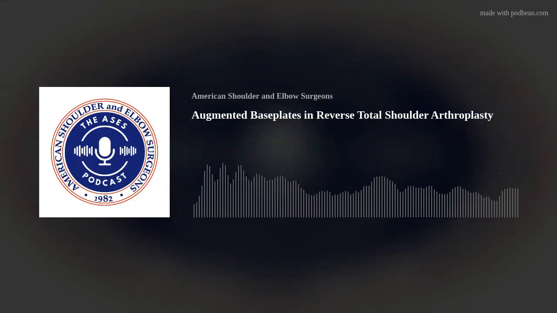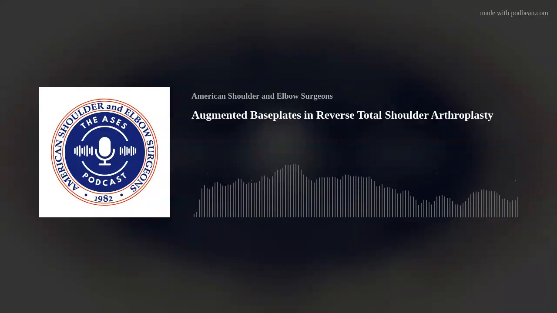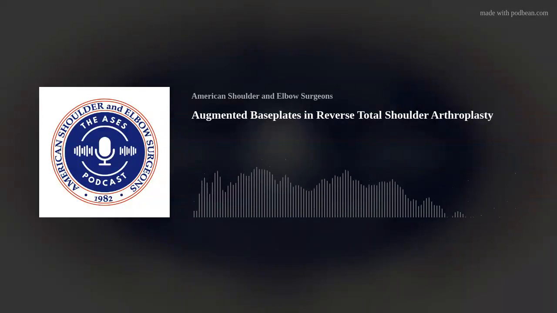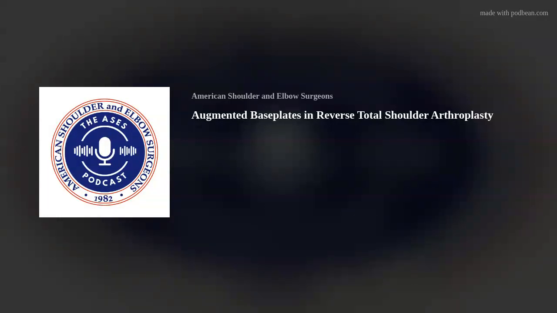I think I'm on an island in lots of ways, and this may be one of those islands, maybe a bad island, where I hear a lot of people say this common phrase or dogma: it's medialized, so you have to restore the joint line or reconstitute that bone, otherwise they're going to be unstable.